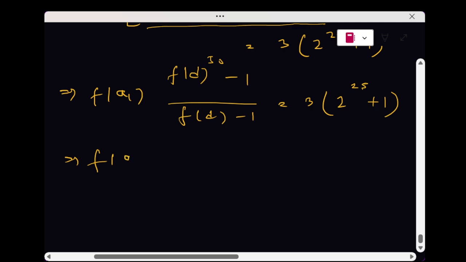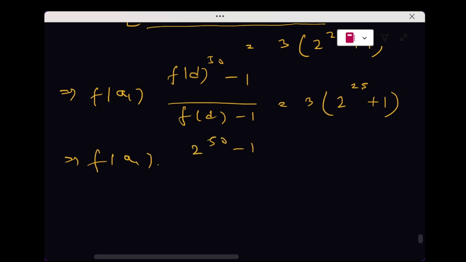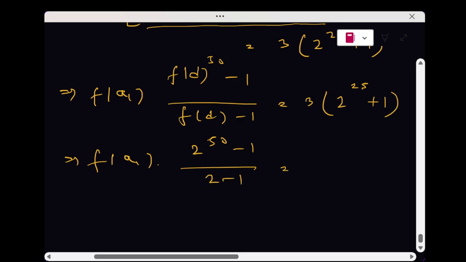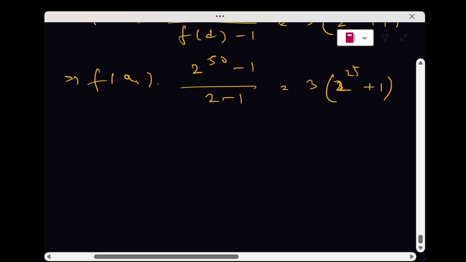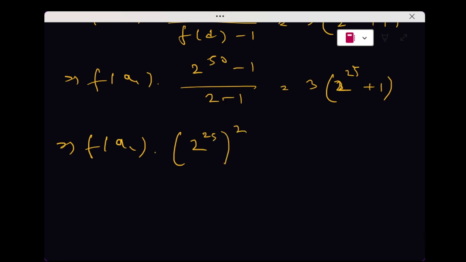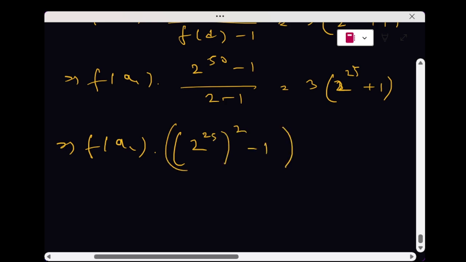So f of a1 into 2 to the power 50 minus 1 by 2 minus 1 equal to 3 into 2 to the power 25 plus 1. So f of a1 into, we can write 2 to the power 50 as 2 to the power 25 square minus 1, and 3.